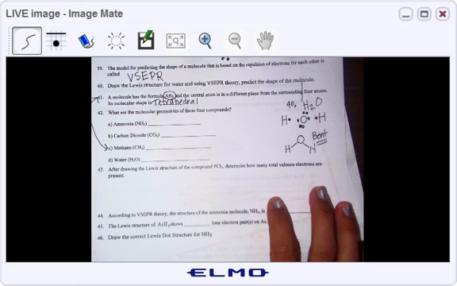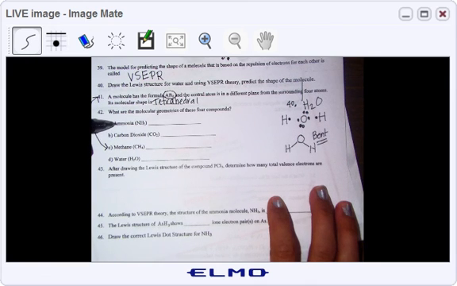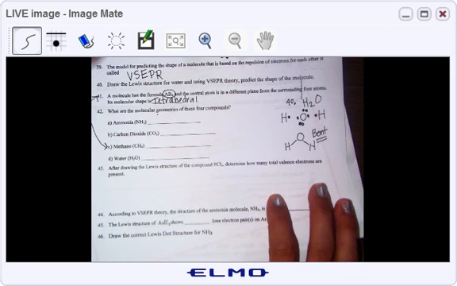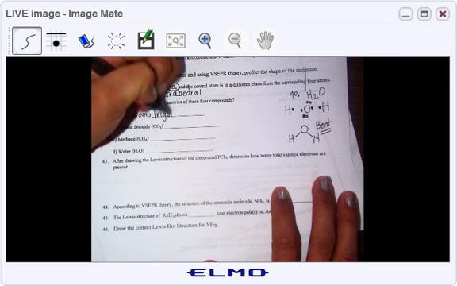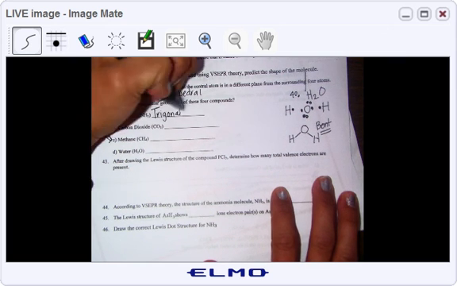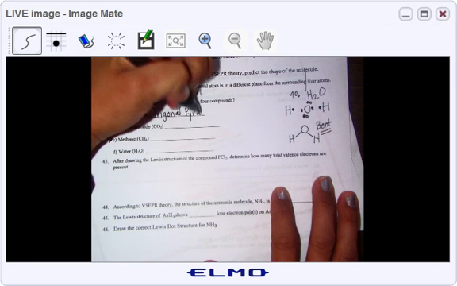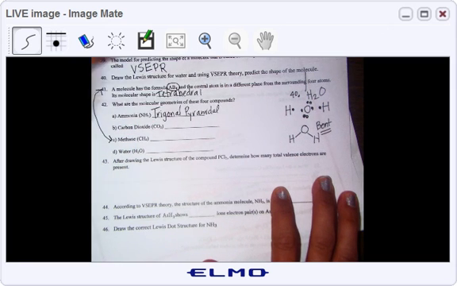So let's do 42. What are the molecular geometries? When you hear molecular geometry, it's just asking you about the shape. So for ammonia, I'm going to write the answers first, and then I'm going to explain them. Trigonal, pyramidal. Okay, 42A, trigonal, pyramidal.